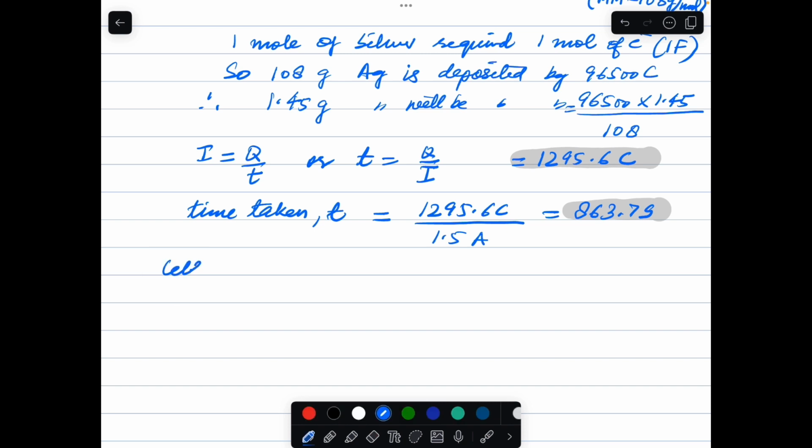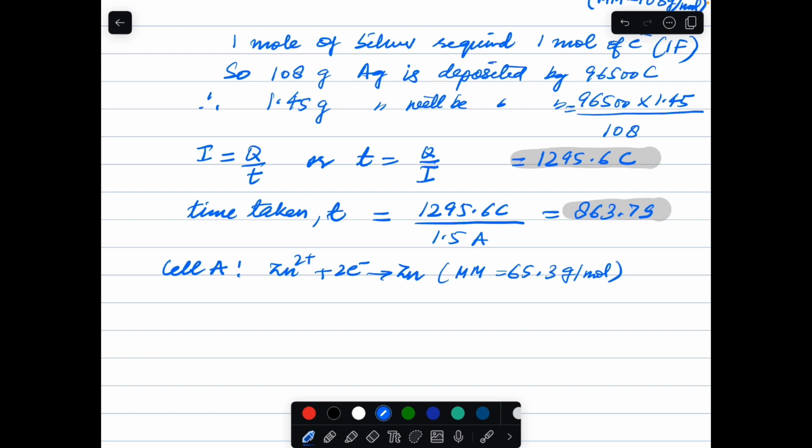Cell A is having zinc. So in cell A, we have this reaction: Zn2+ plus 2 electrons will give you Zn. And the molar mass of zinc is equal to 65.3 gram per mole.